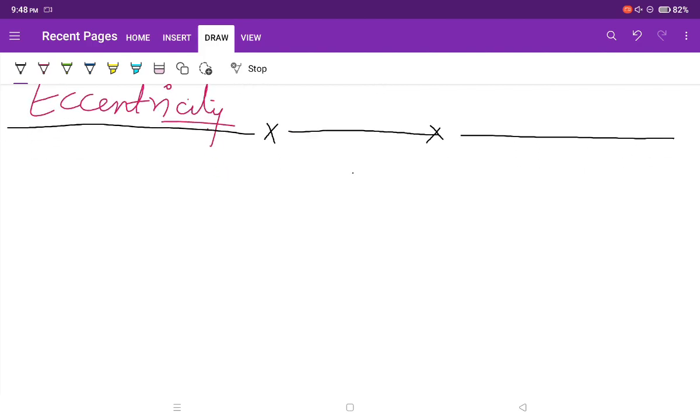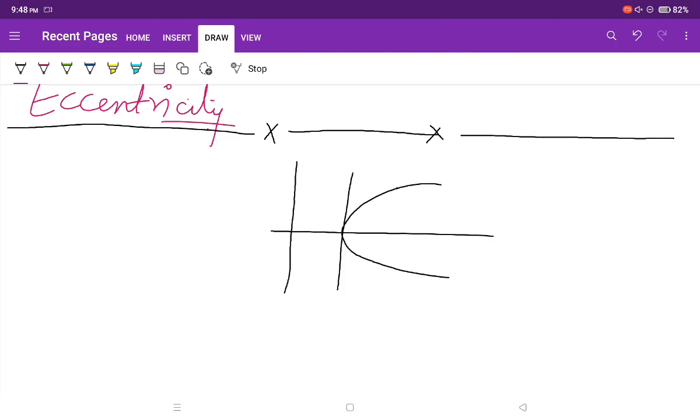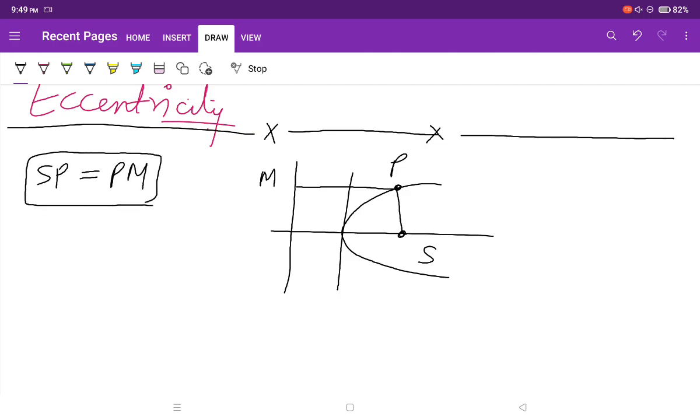Suppose this was the parabola, this was the directrix, and the focus is S. We have the perpendicular distance and a general point P. So we said that SP equals PM. Then the shape was a parabola.